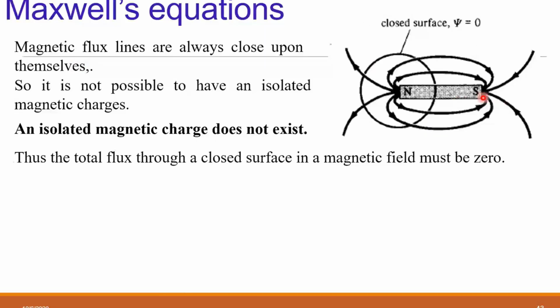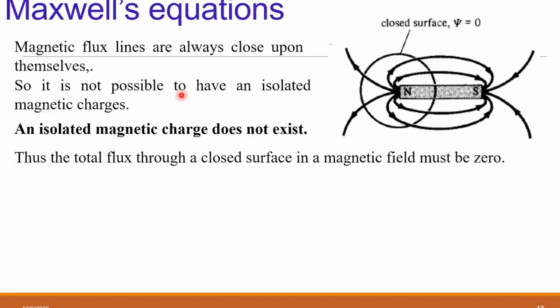So what the concept tells us is that magnetic flux lines are always closed upon themselves. If you consider an N pole and S pole, or a simple bar magnet, a magnetic dipole, then the lines of flux will emerge from the N pole and converge into the S pole. So they always have a closed path.